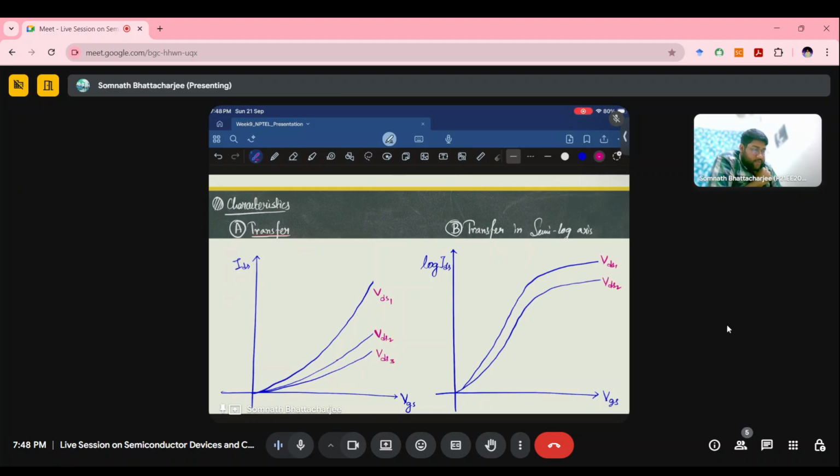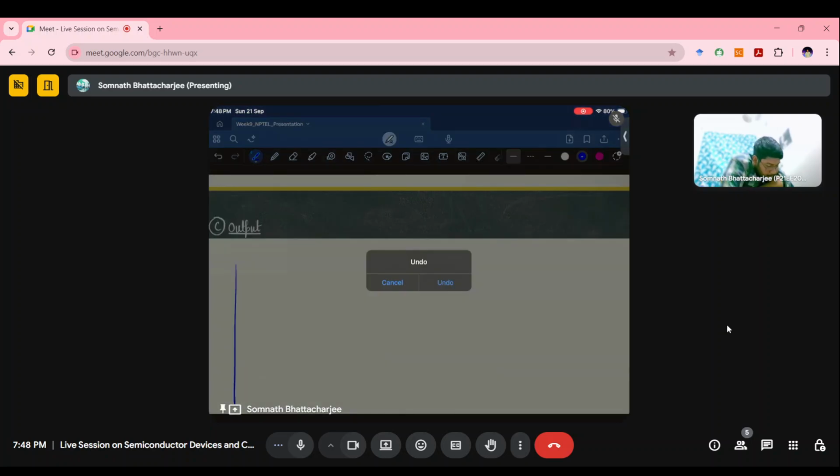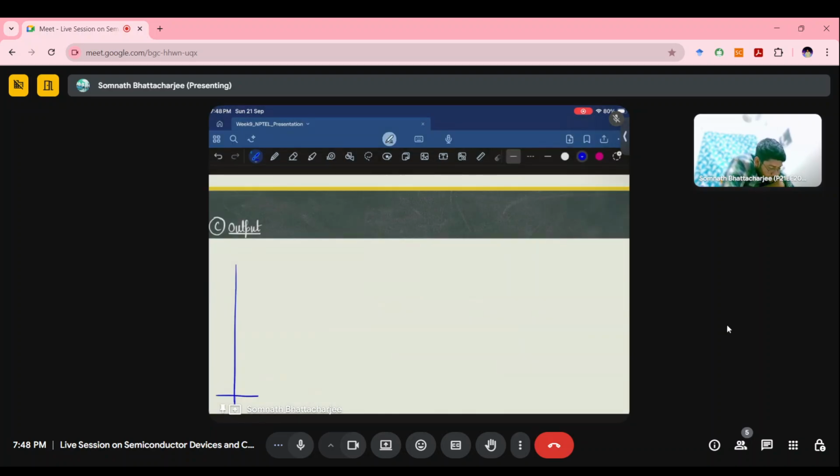And what is the reason for that? We'll discuss later. But apart from that, there is another characteristic, the output characteristics. The output characteristics is the variation of IDS with respect to VDS.